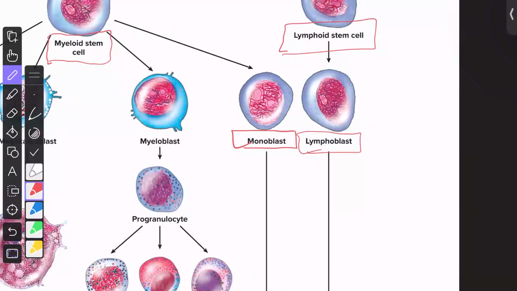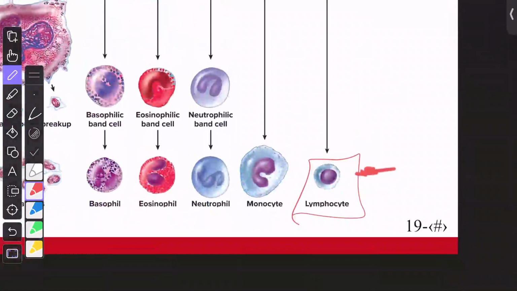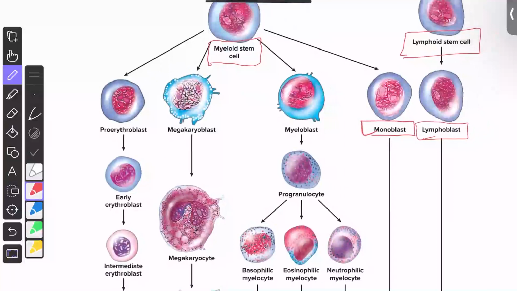The myeloid stem cell that differentiates into a monoblast is going to grow up to be a monocyte. Nice and easy, right? Okay, now, what do we have left? We have myeloblast, megakaryoblast, and proerythroblast, okay?